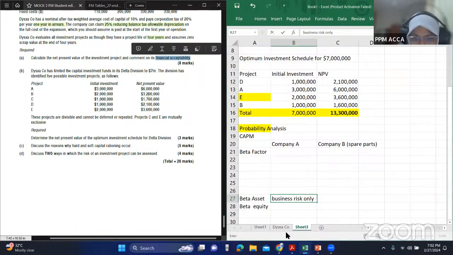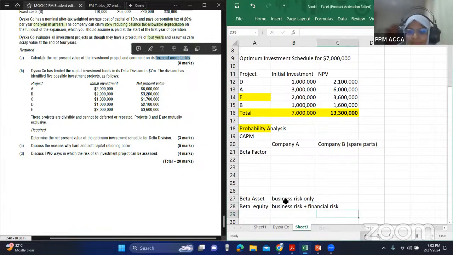So if you have a beta asset of 0.7, it is only reflecting the business risk. Whereas beta equity is reflecting the business risk plus the financial risk, both. Okay, it's reflecting the business risk plus the financial risk.